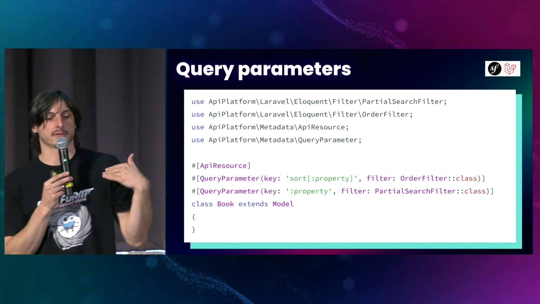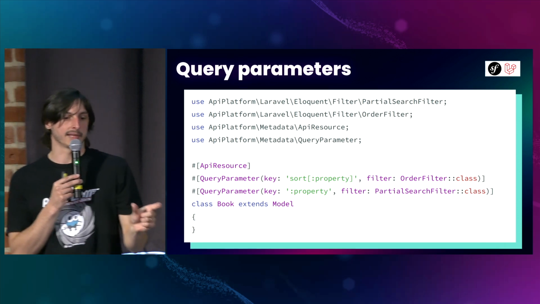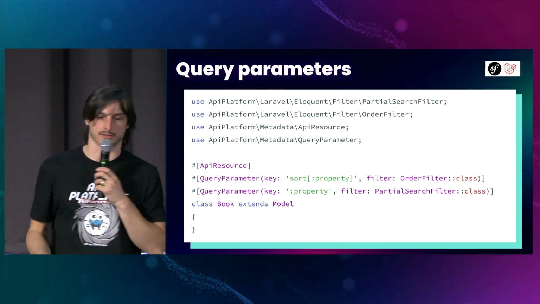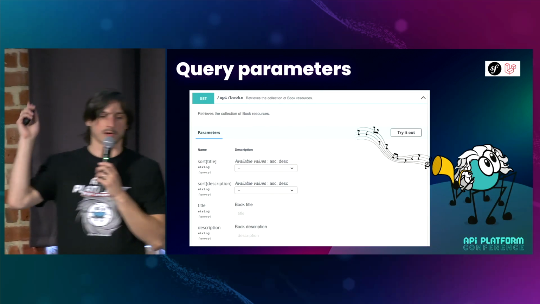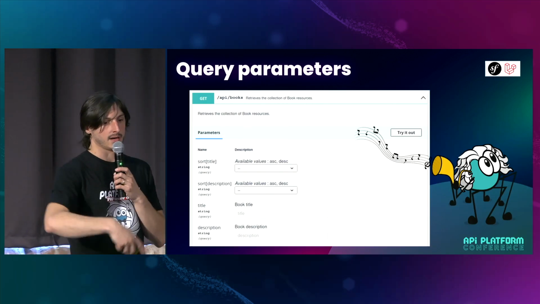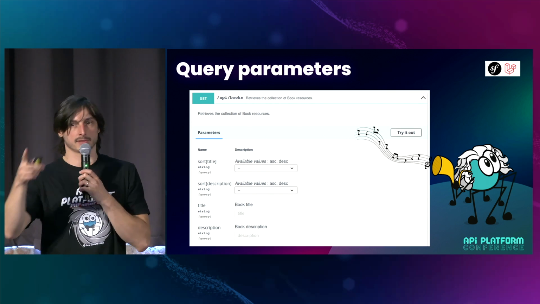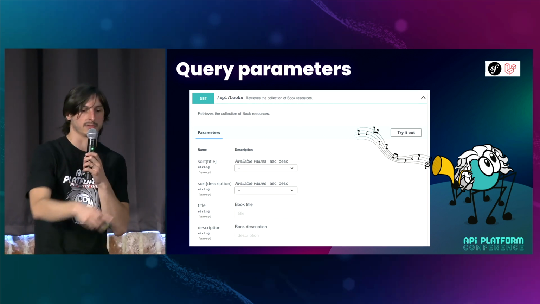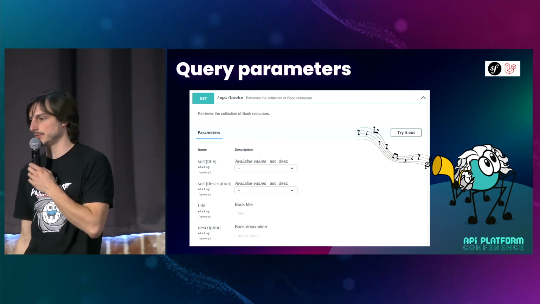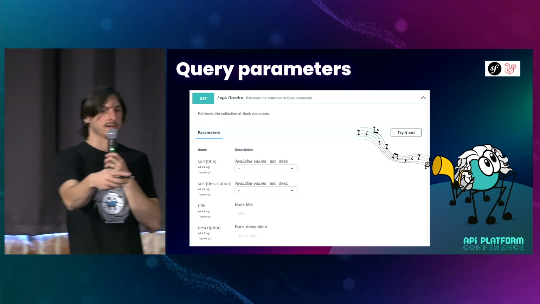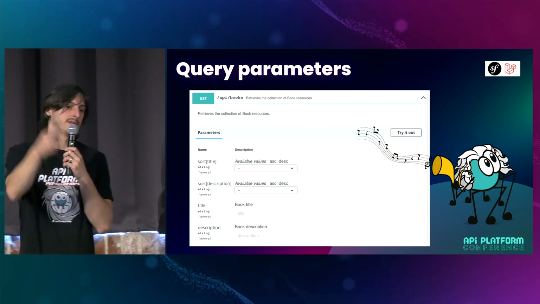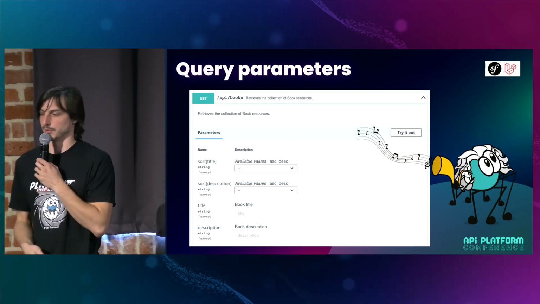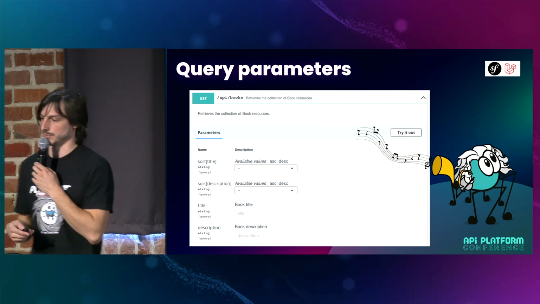The second parameter has only this placeholder and uses a search filter. On the documentation, you will see that for each readable property of your resource, it will set sort title, sort description with the available values, and then the property placeholder will just set the list of properties and be able to search with them.